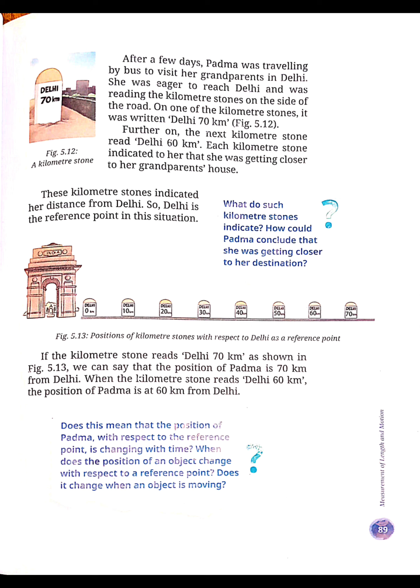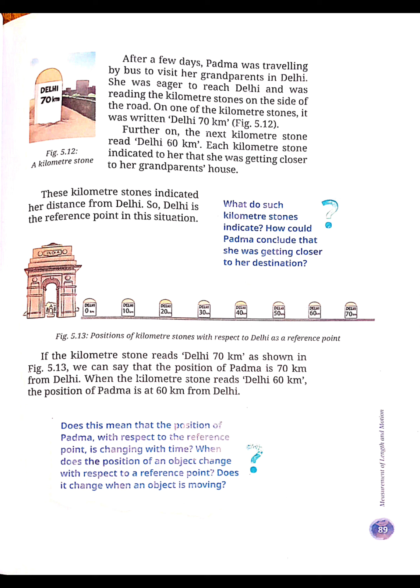Each kilometer stone indicated to her that she was getting closer to her grandparents' house. These kilometer stones indicated her distance from Delhi. So Delhi is the reference point in this situation. What do such kilometer stones indicate? How could Padma conclude that she was getting closer to her destination?